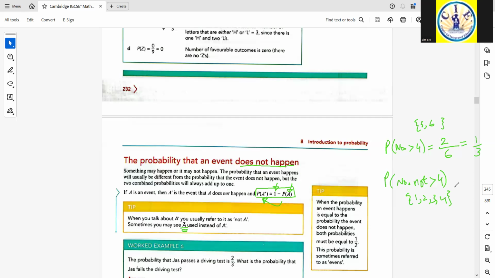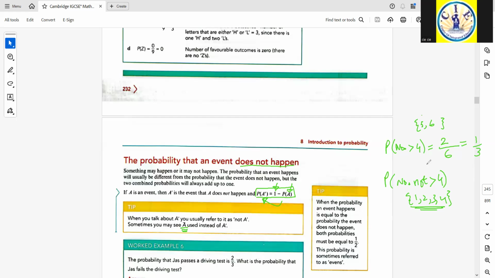All these numbers are not greater than 4.